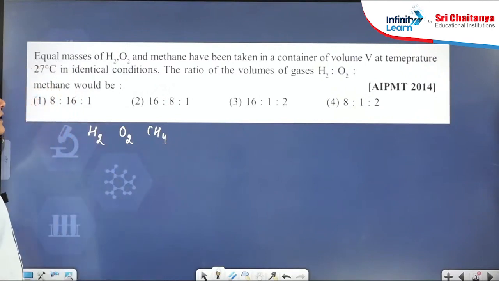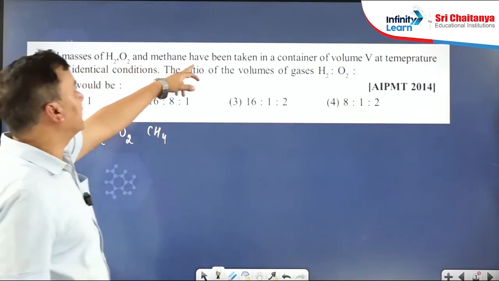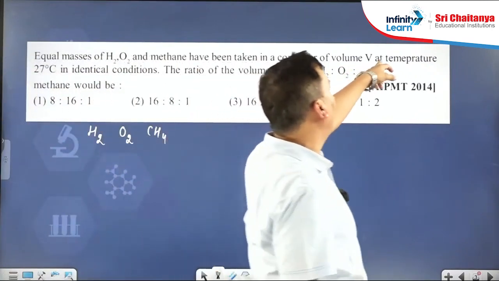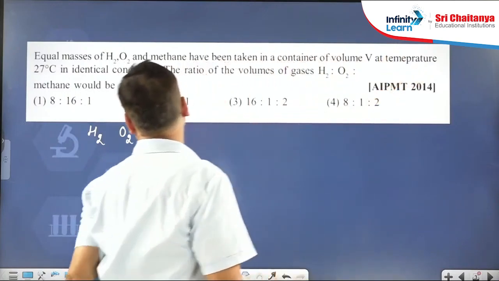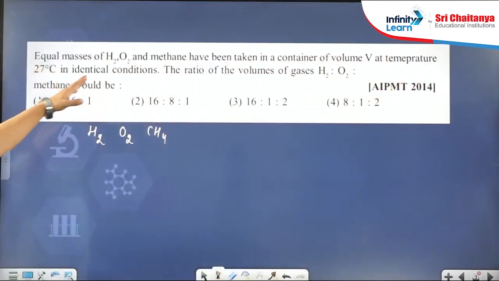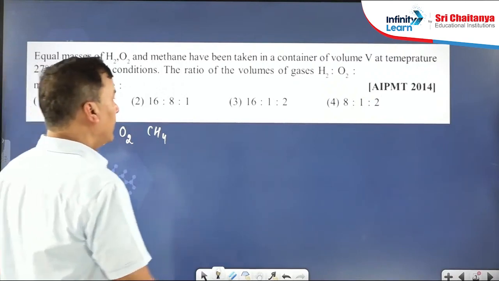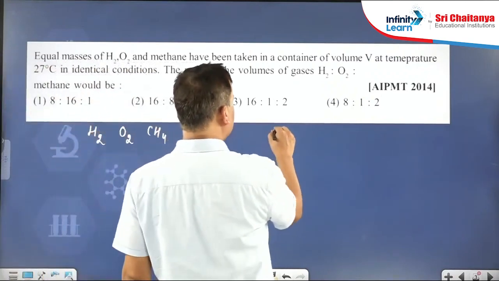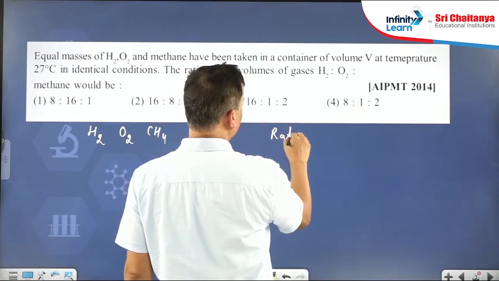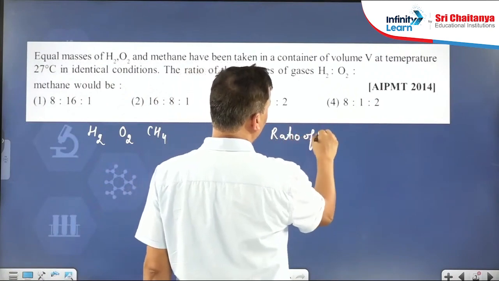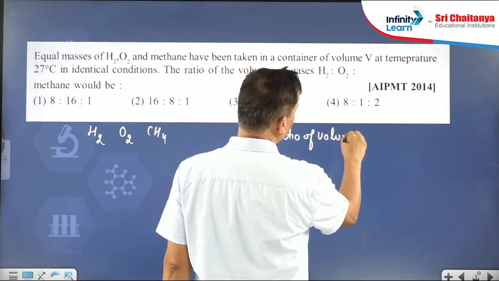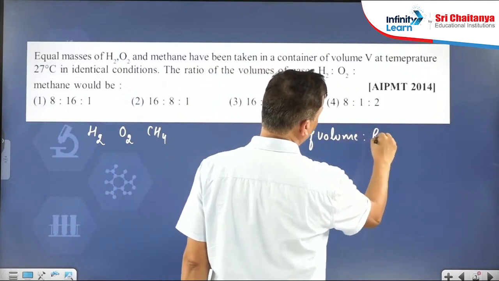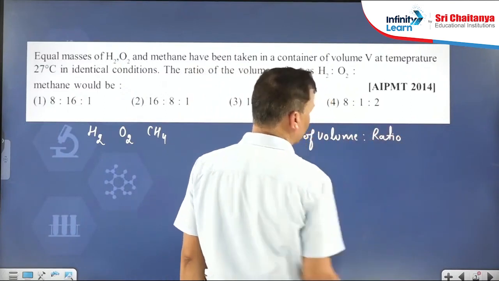He is saying that equal masses of these gases have been taken in a container of volume V at a temperature of 27 degrees Celsius in identical conditions. The ratio of volume of the gases is equal to the ratio of number of moles.